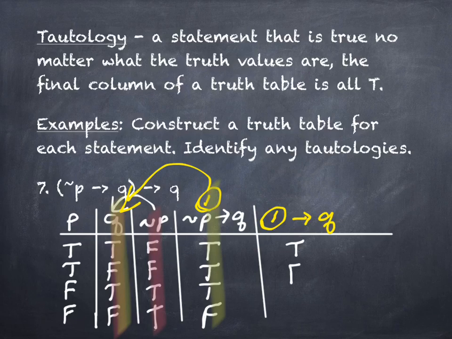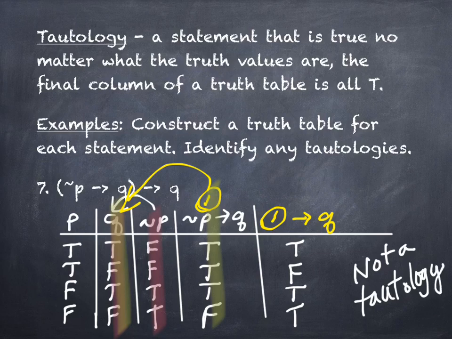It's the only one that you get false for. Third one starts out true, goes backwards to true, so that statement's true. This one starts out false, goes backwards to false, that's true. Is it a tautology? No. So we're going to write out not a tautology.